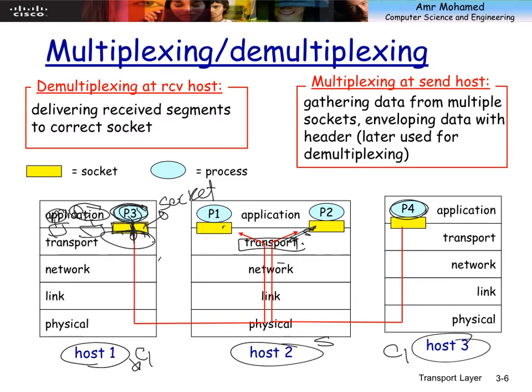And it knows that through what? What information is in the segment that tells the transport layer protocol which socket it should send this to? So should I send it here or here? Based on what?